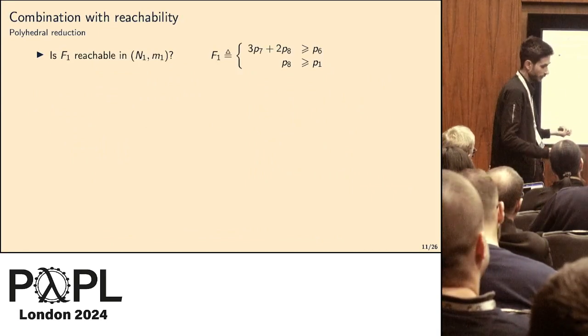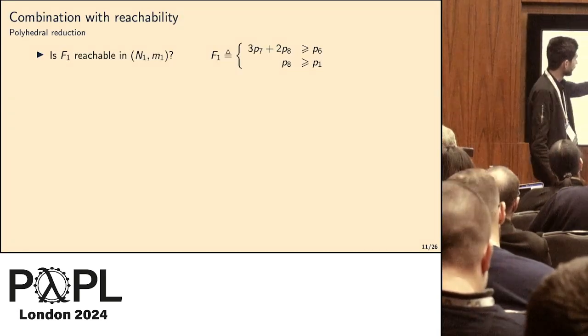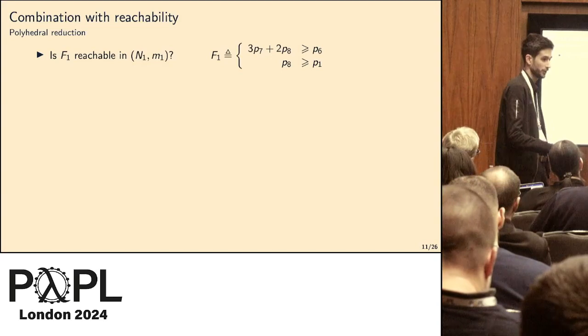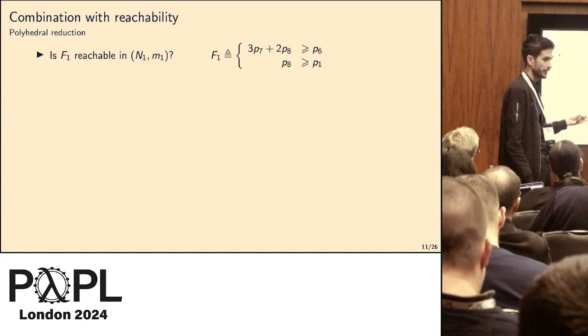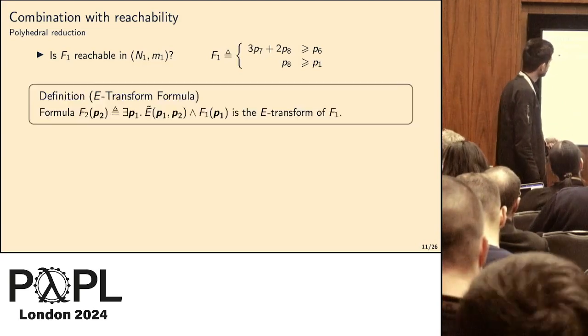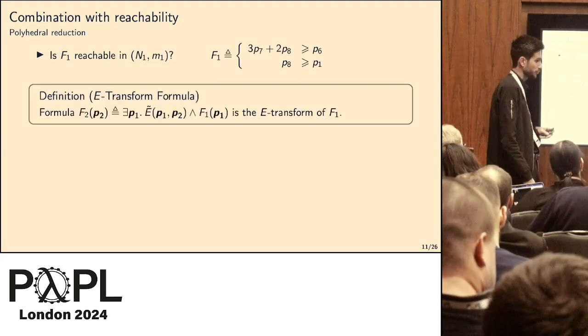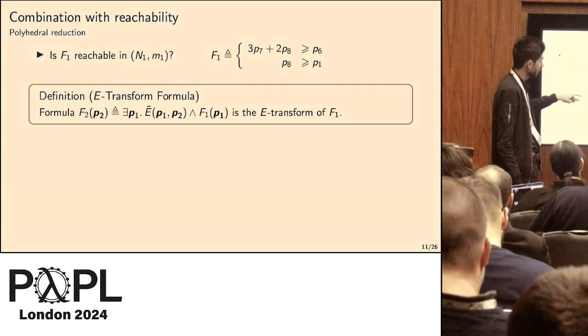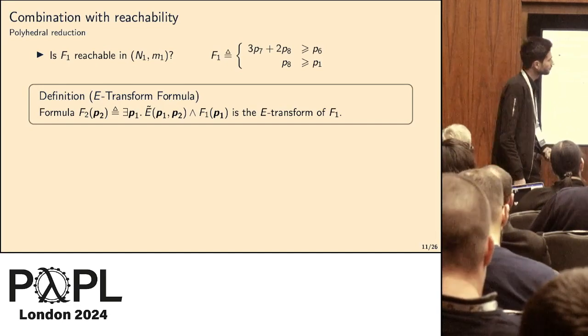So imagine we want to check that the formula F1 is reachable in the initial net. We will take our example of a small operating system for the rest of the presentation. What we proposed in previous work is to construct what we call the E-transform formula.